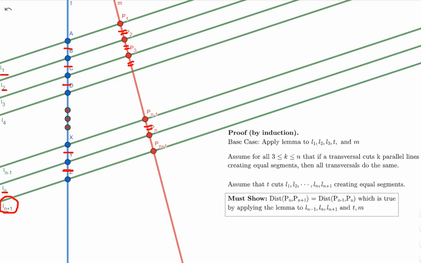And we need to prove that this segment is congruent as well. Okay, well, how do we do that? Well, we can apply the lemma to this situation down here, right? Which is what this is saying.